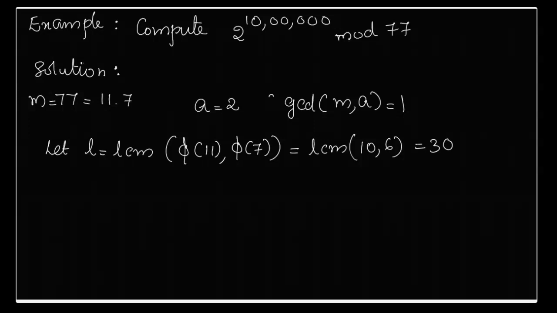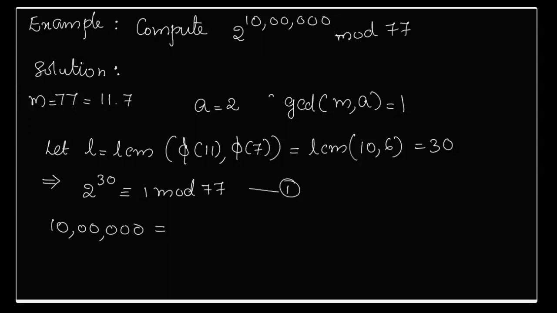Hence, by the remark we made earlier, A raised to L, that is 2 raised to 30, is congruent to 1 modulo 77. And we know that the number 10 lakh when divided by 30 gives the quotient 33,333 and leaves remainder 10.